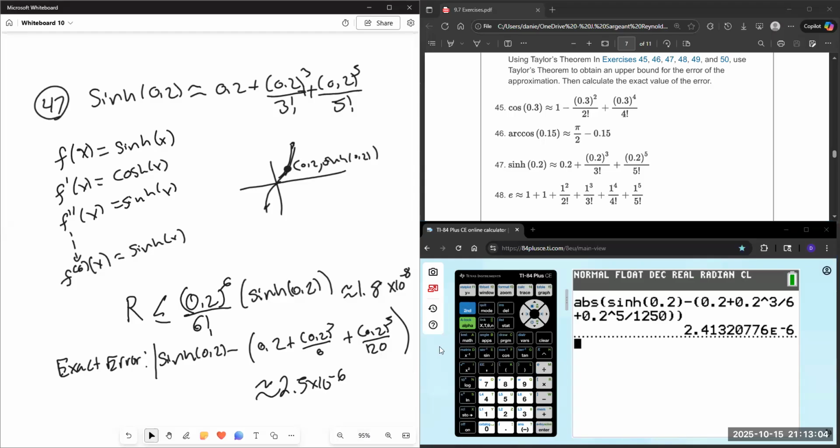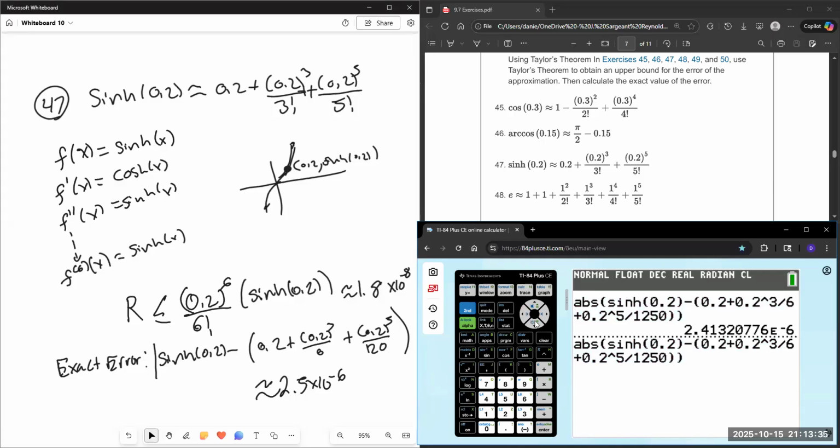Negative 6. Absolute value of sine minus 0.2 plus 0.2 cubed over 3 factorial is 6 plus 0.2 to the 5th over, that's supposed to be 120.